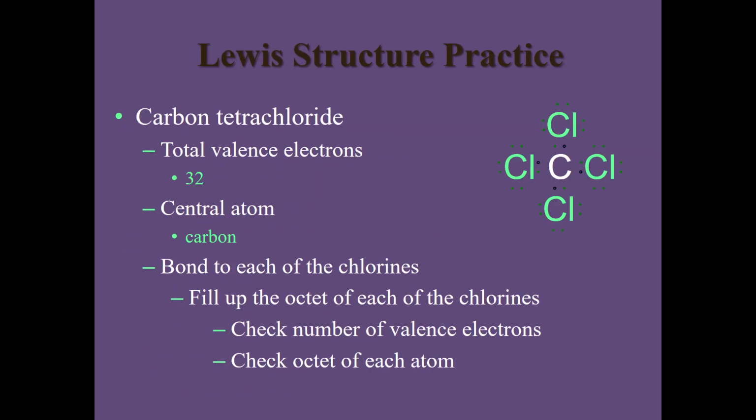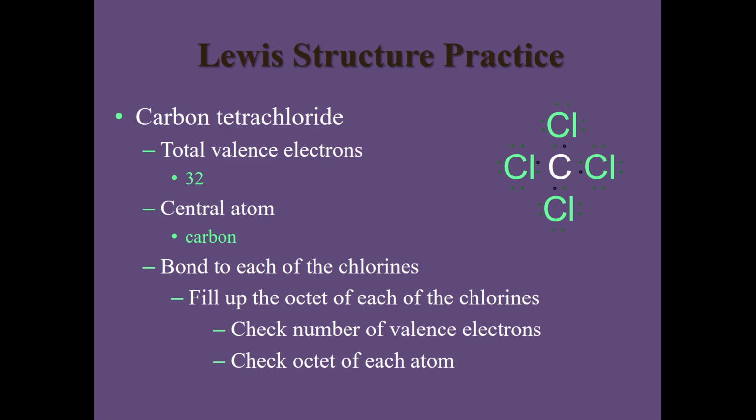So carbon tetrachloride, total valence is 32. Chlorine has 7. There's 4 of them. So that's 28 electrons for all the chlorine, then 4 for the carbon, giving us 32 in total. Carbon always goes in the middle.